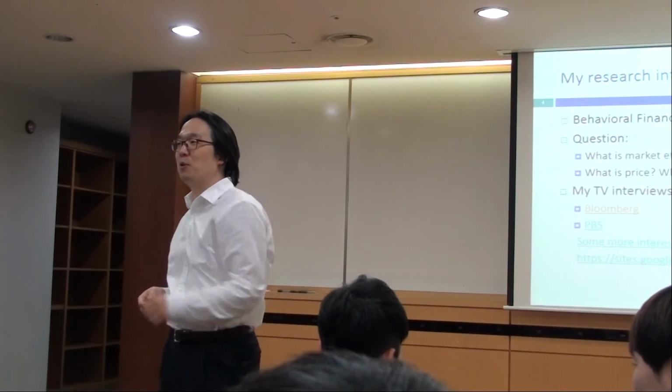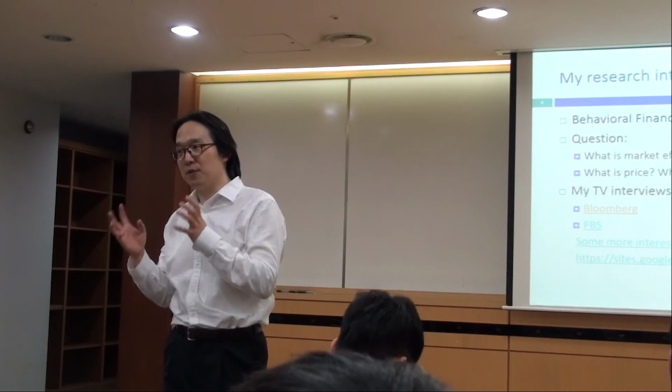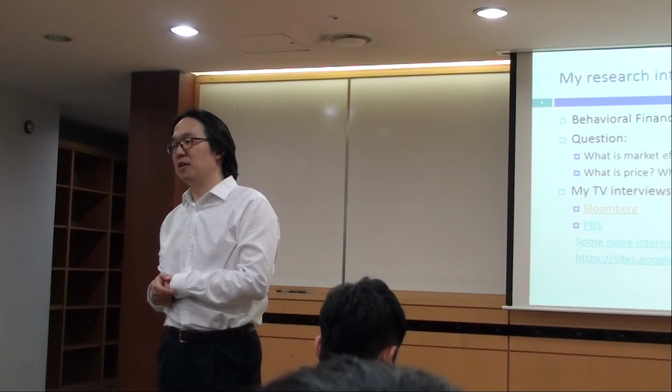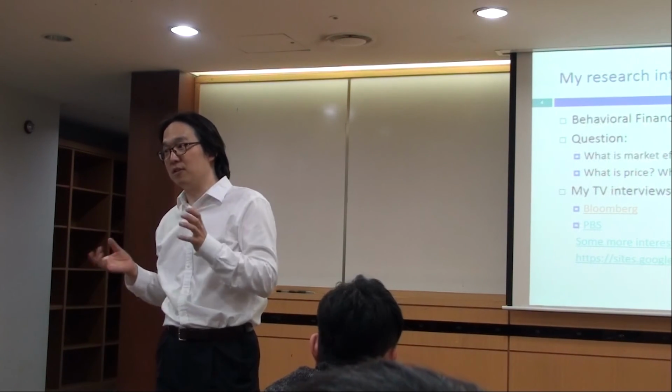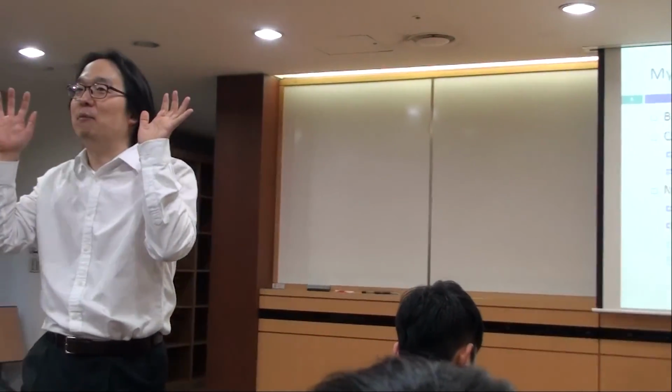So based on your understanding, what does it mean by efficient market? Efficient market hypothesis. Do you remember? No. Okay, anybody can help? Market efficiency. Tell me. Efficient market hypothesis.